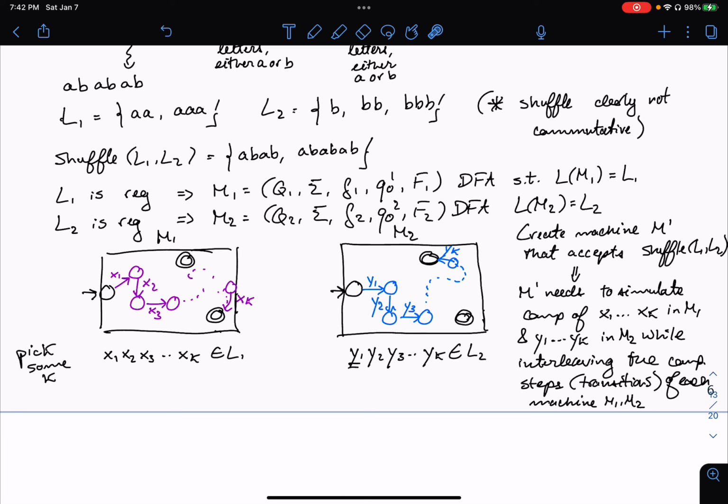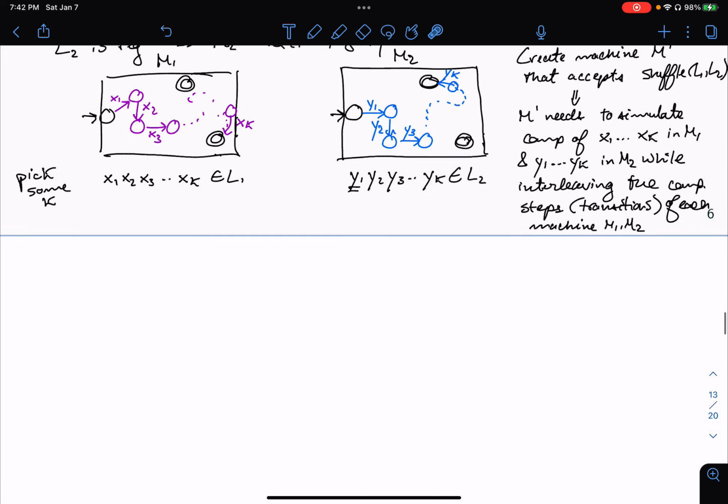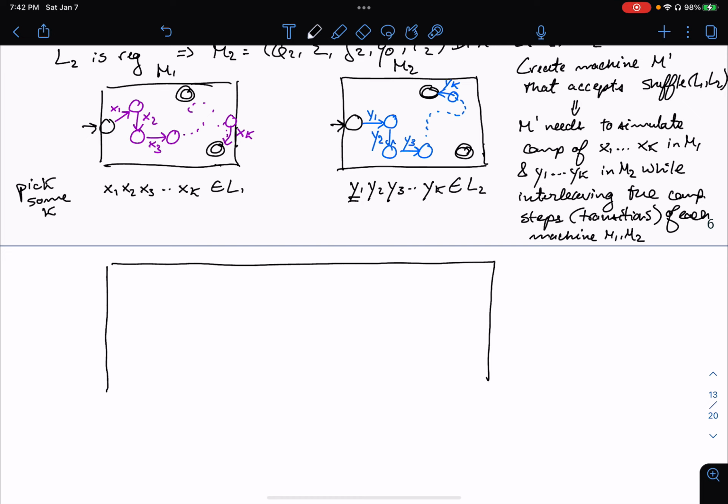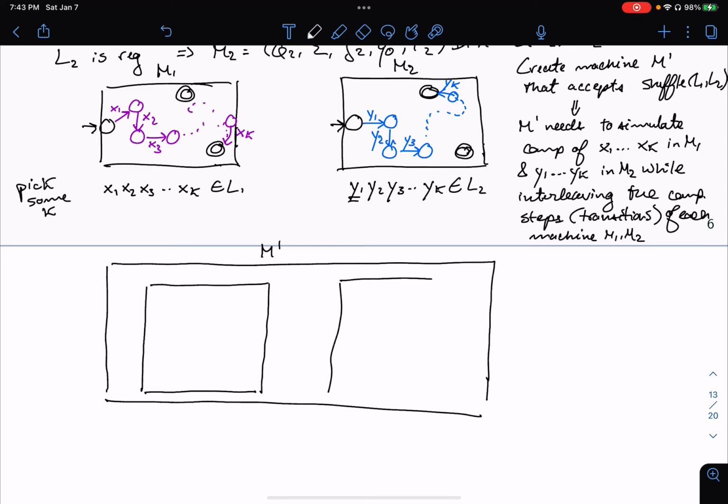Basically, what I'm saying is that in the machine M prime, suppose this is the machine M prime. M prime needs to process x1, y1, x2, y2, dot dot dot, xk, yk.